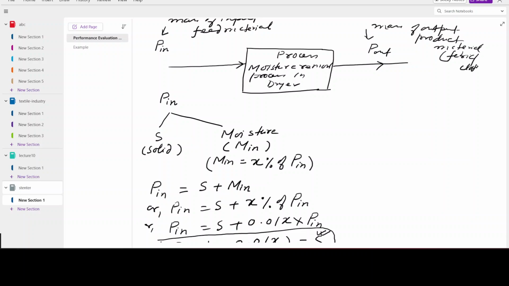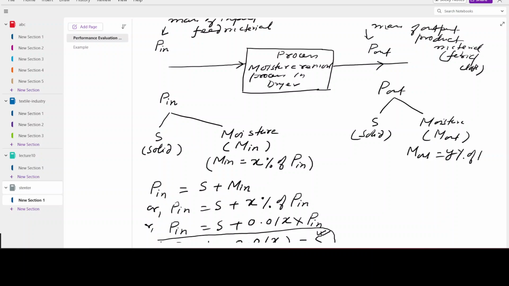And again P out will have two components. One will be solid and the other will be moisture. Here the moisture is the mass M out, the mass of output moisture, and let us call M out equal to Y percentage of P out.